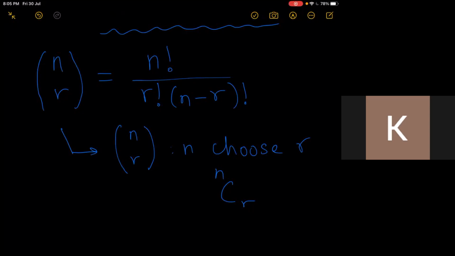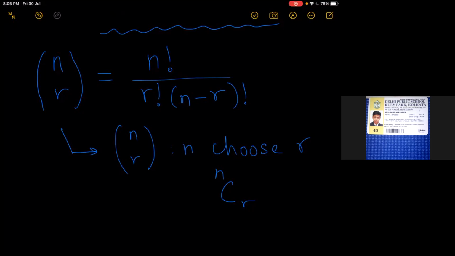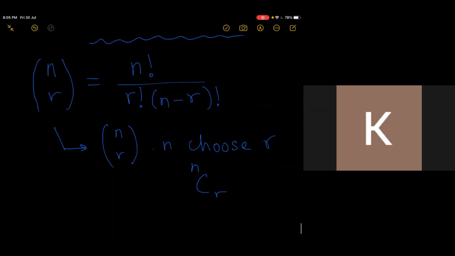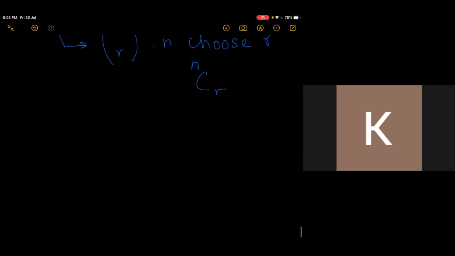For now, just know it is a formula. Basically, taking r things from n things without considering the order. I am just introducing a notation. Don't think about how it came or what it means. This is just a notation.